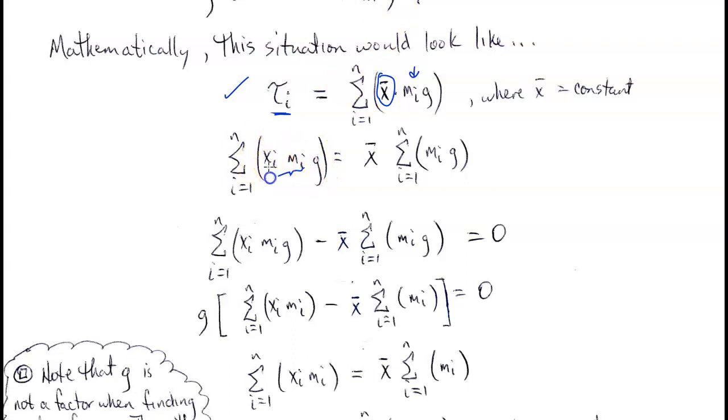Or you can look at it as torque is going to be the sum of the weight of all the objects, times how far each particular object is from the place where you're trying to center everything. Okay. And of course, on the right side here, you just have the sum of all the weights of the corresponding masses times some x value, to where if we pick the right one, everything is balanced out.